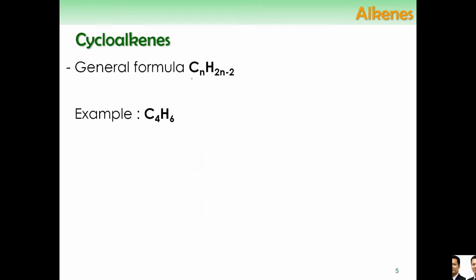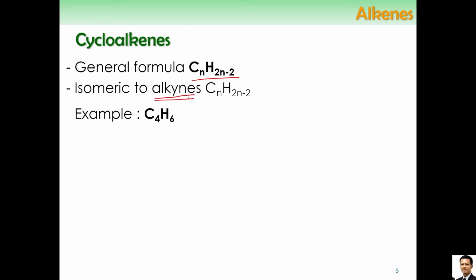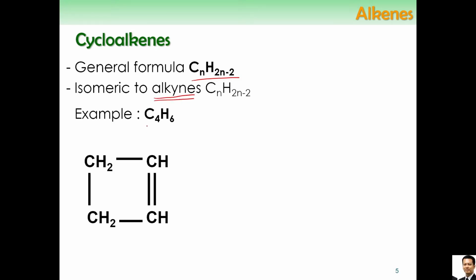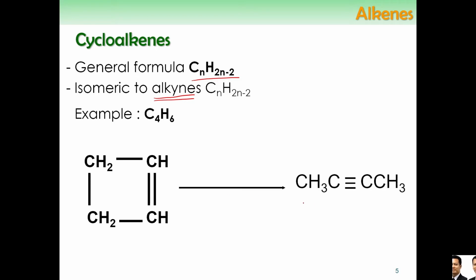What about cycloalkenes? For cycloalkenes, the general formula is CnH2n minus 2. It is isomeric to alkynes. Alkynes have a triple bond. So this is the structure for cyclobutene, which has 4 carbons, and actually it is isomeric to an alkyne.